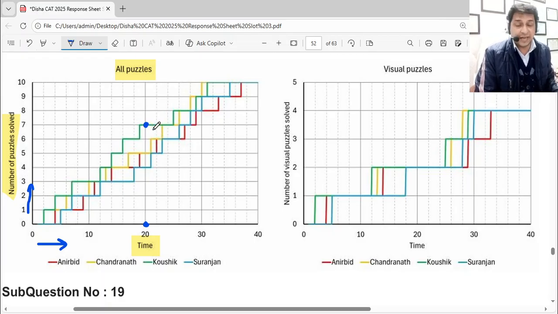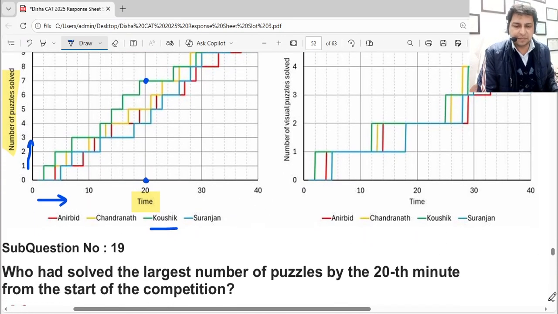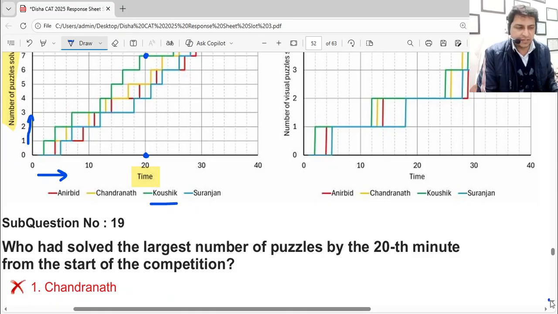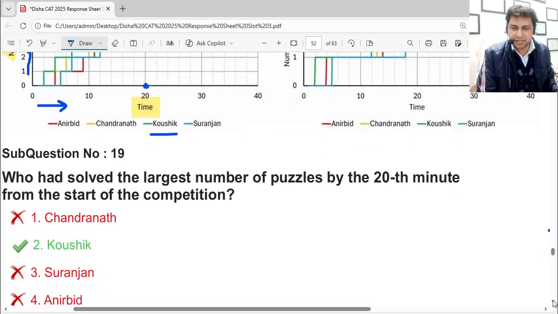He is solving the 8th, and all the other players are below it. That means it is nobody else but the green line, which is for Koushik. So Koushik, K, has solved the maximum number of puzzles in the least time. So that is the answer here.